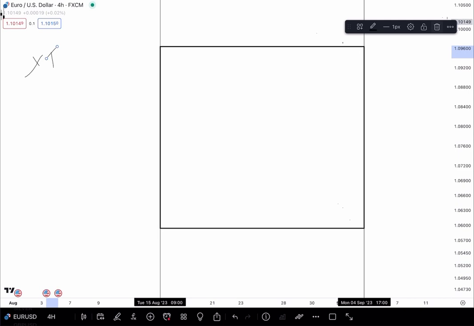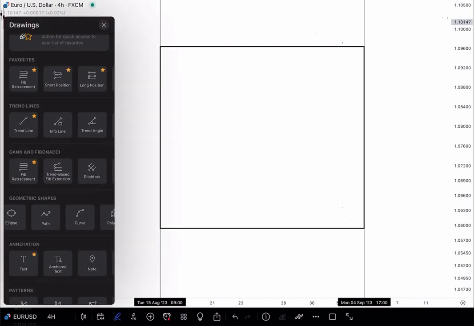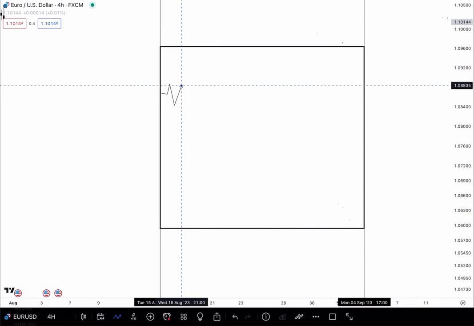Now, to put it really, really extremely raw and just the bare bones idea is: open, right? Accumulation, a little bit.